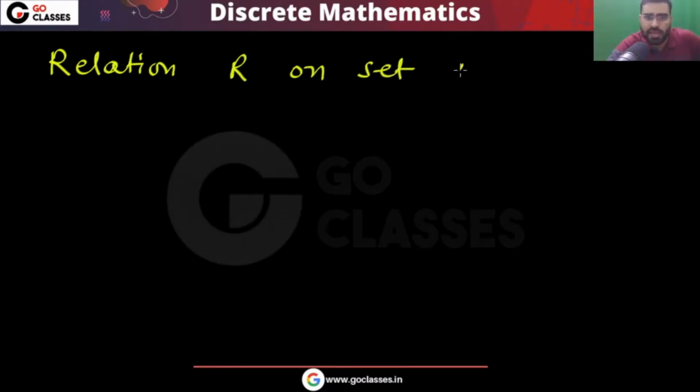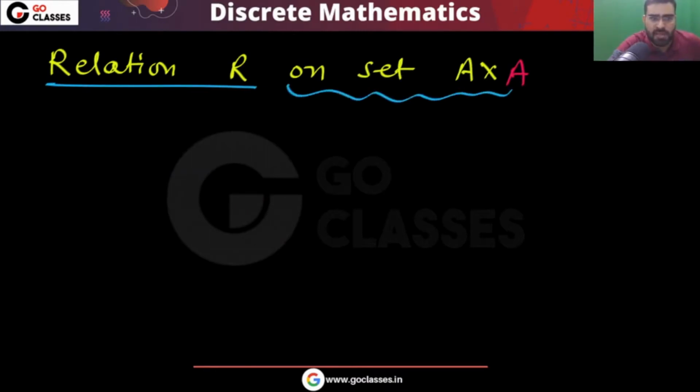Now one more thing I want to tell you. Let's assume you have a relation R on set A cross A. What does it mean?